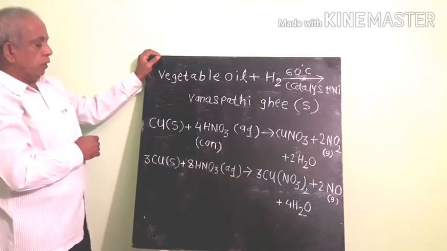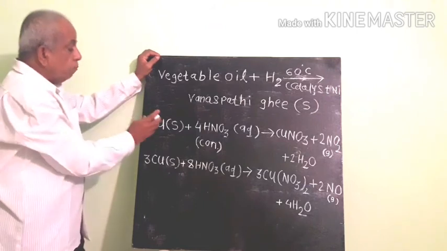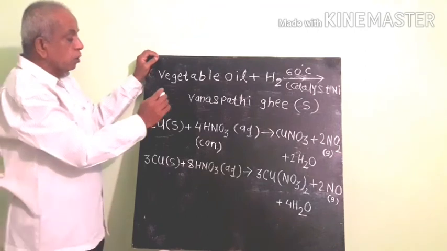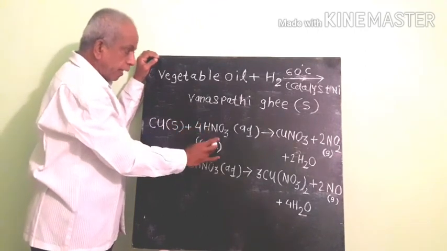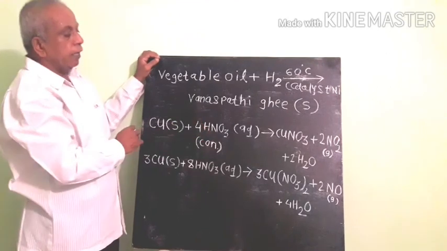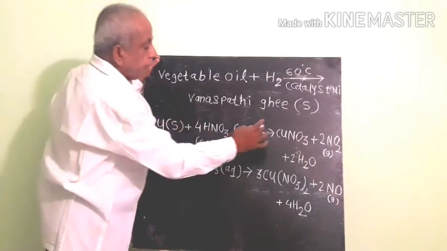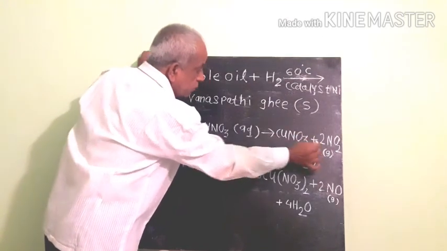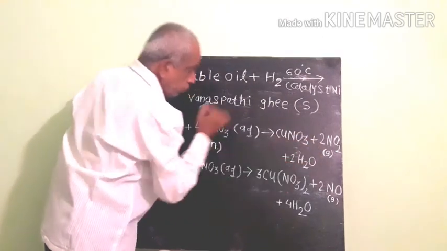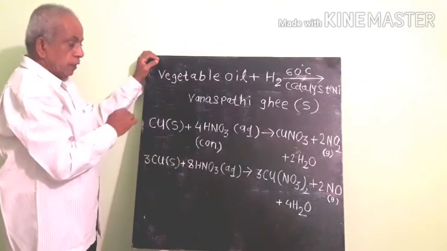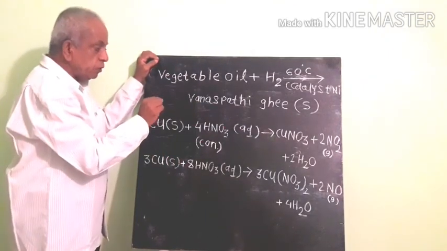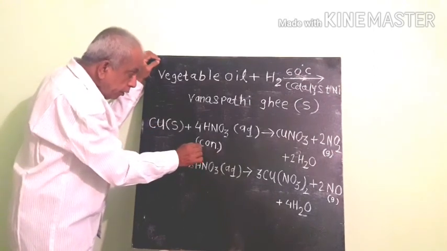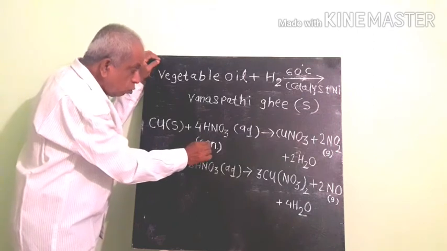Consider the next example. Copper, when it reacts with concentrated nitric acid, gives copper nitrate, nitrogen dioxide and water molecules. Here the nitric acid which is used is concentrated, hence indicated by conc.